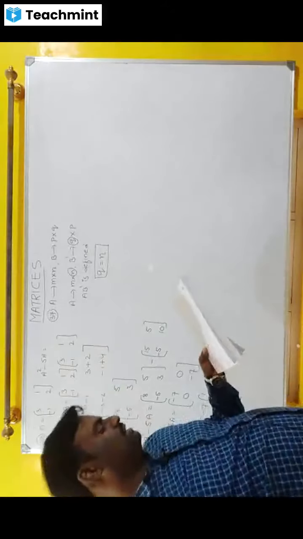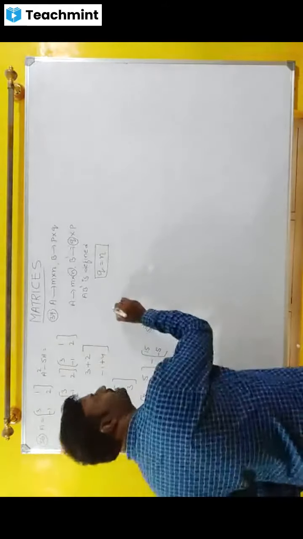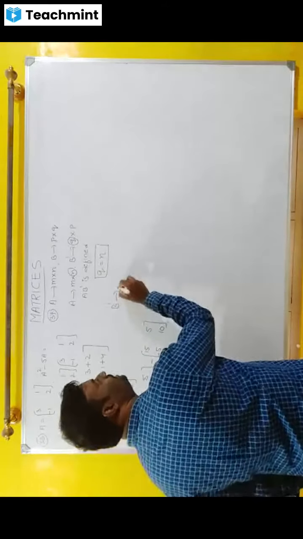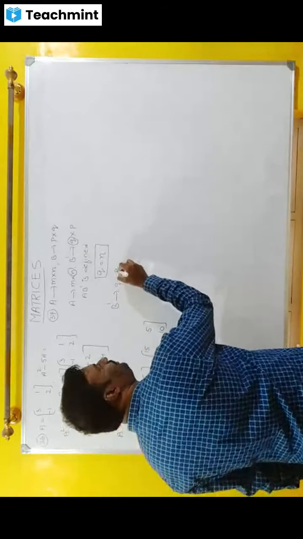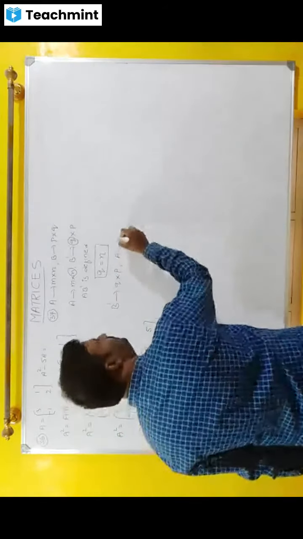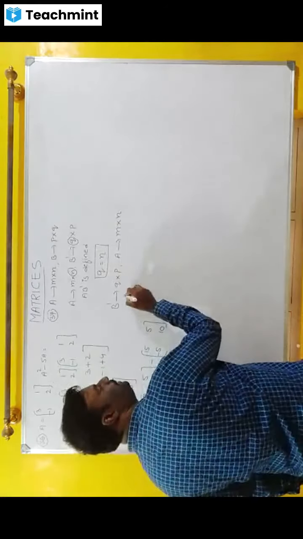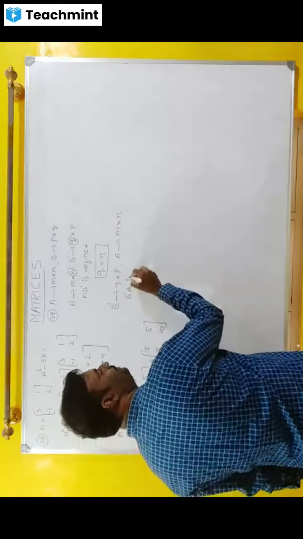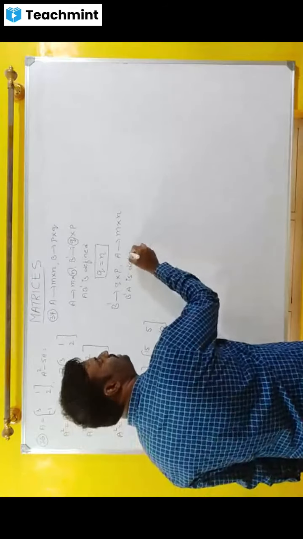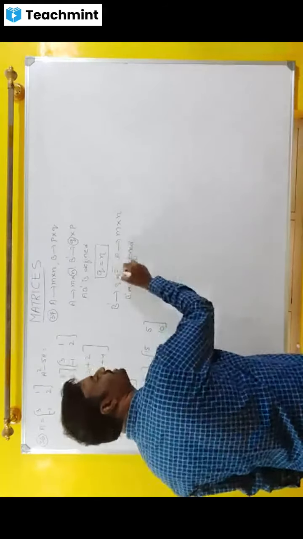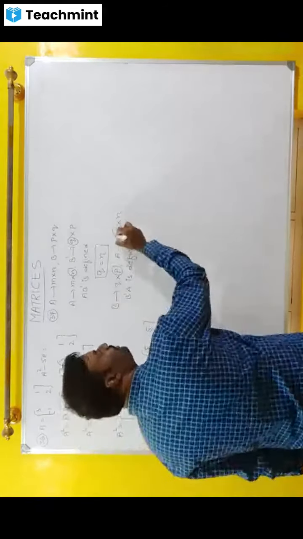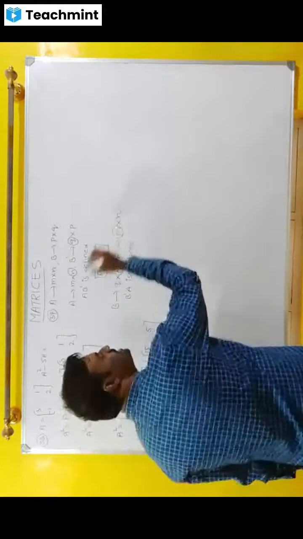Next, one more is given. B dash A. First B dash. B dash is nothing but Q by P. A is nothing but m by n. In the question they mention B dash A is defined. Same concept. The number of columns in the first matrix and the number of rows in the second matrix both are equal.